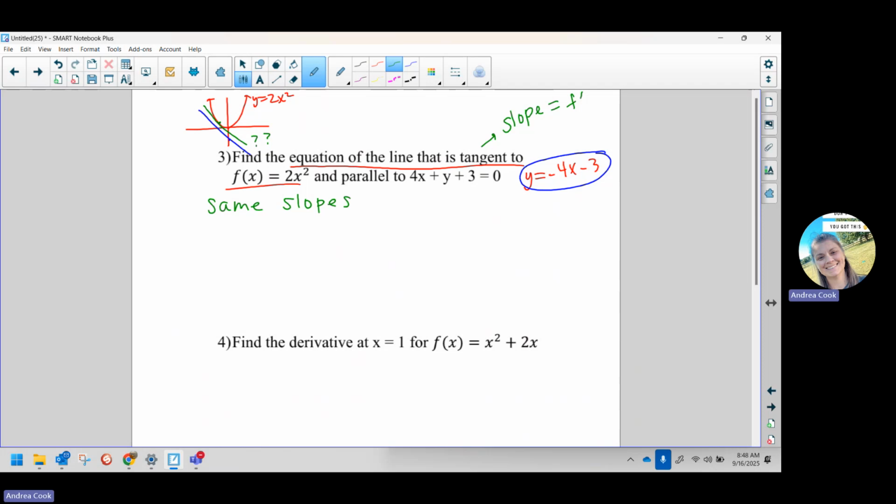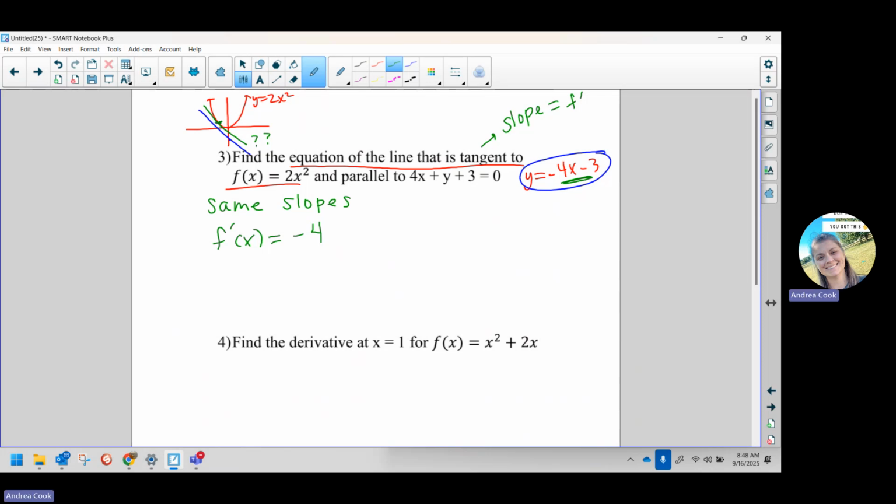Well, we want the slope of f prime. So we want f prime of x to equal the slope of the line that's parallel. So what's the slope of this? In my picture, the blue line, -4. So I want to know where is the derivative equal to -4? That's going to give me this point right here.